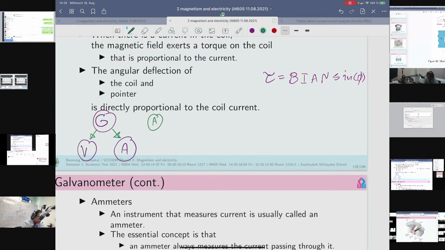The ammeter should have zero resistance.